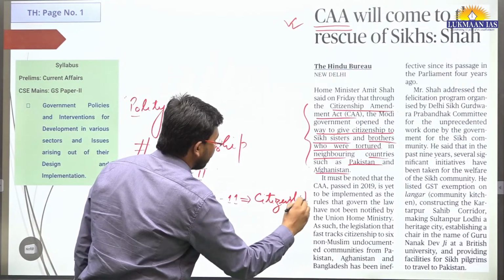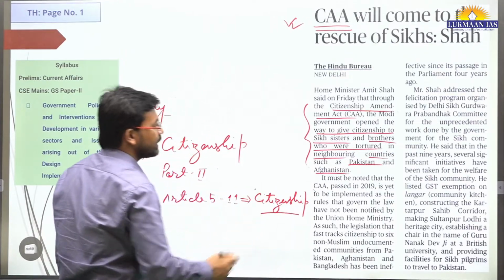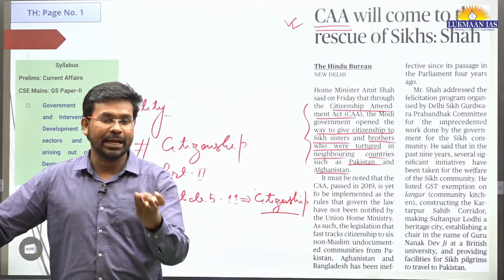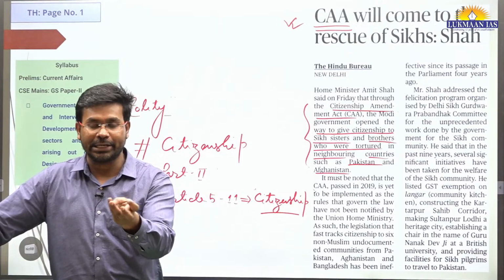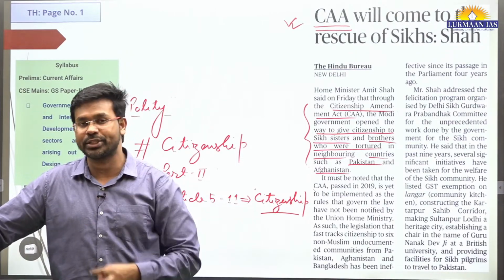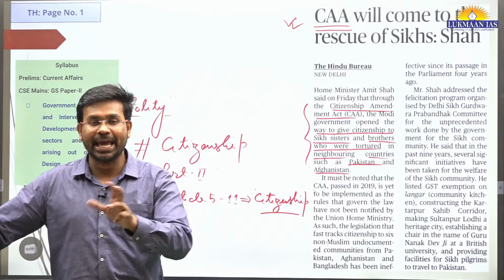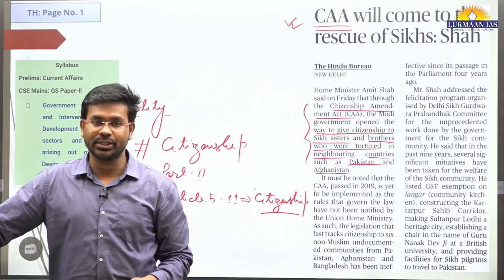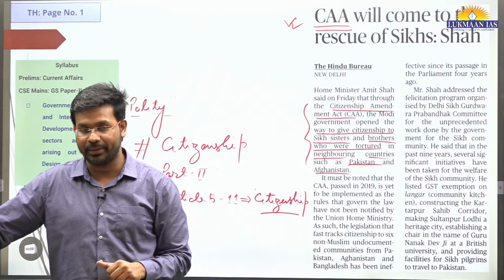There are many ways in which a person can acquire Indian citizenship. It can be by birth, by descent, by naturalization, or by registration. And a person can renounce Indian citizenship also, or his citizenship may be terminated.